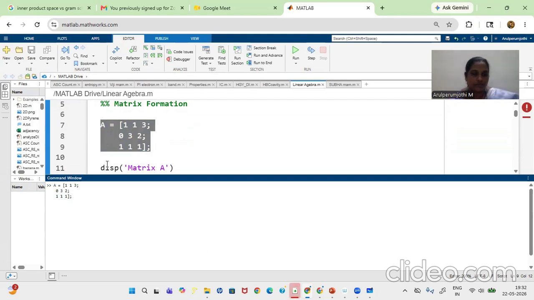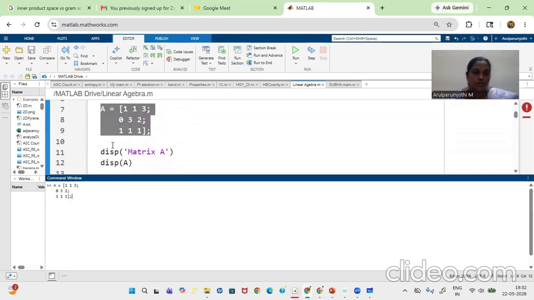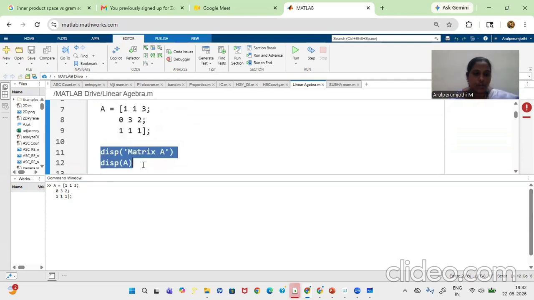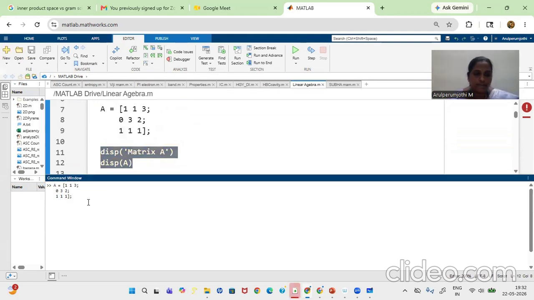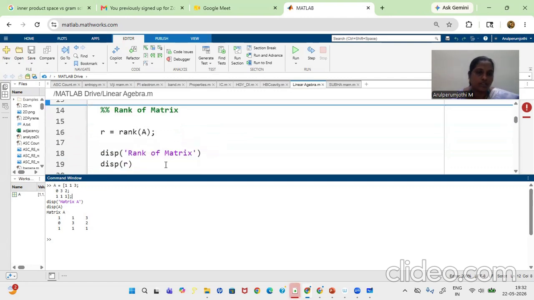So I have taken a different matrix to find the orthogonal basis and orthonormal basis. So to display this matrix, you have to write display A. Okay, so if you put this semicolon, then that code will not display. So matrix A is equal to 1, 1, 3, 0, 3, 2, and then the last row is 1, 0, 3.